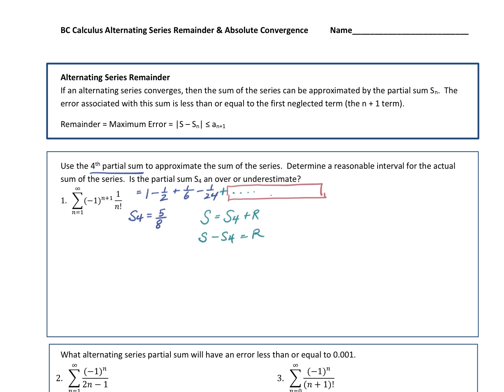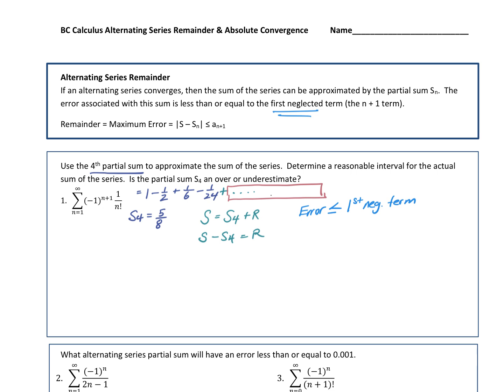Now, how are we going to figure out our remainder? Well, if you look up here, it says it's the first neglected term. Let me explain that, and then I'll explain why. If you were to add up the first 4 terms, the error will always be less than or equal to the first neglected term.